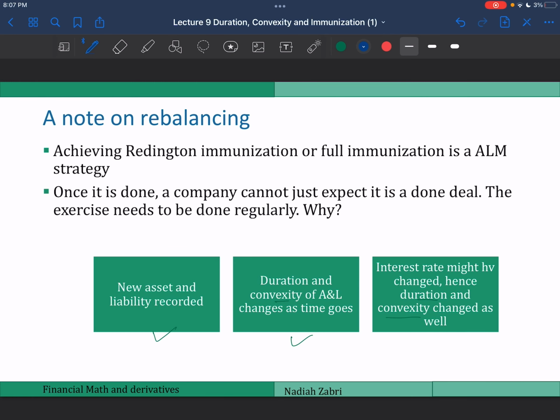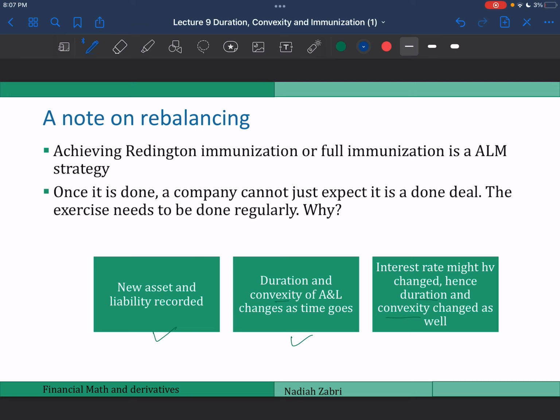Okay, a note on rebalancing. Here, I wish to say that when we achieve Redington immunization and full immunization in our asset liability management strategy, we cannot just sit back and relax. It needs to be redone regularly. Why? First, because new assets and liabilities are recorded in our portfolio.